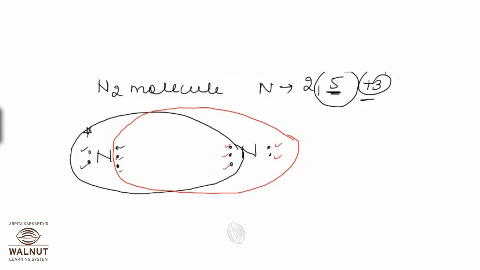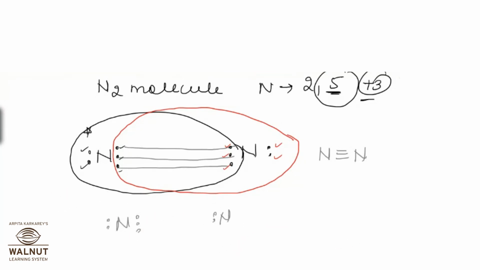So how many bonds are you expecting over here? Yes, 3, correct. So one is this bond, second bond, third bond, and that is how we write the nitrogen molecule: N, 3 bonds, N. And now you would have understood why I had written it like this.